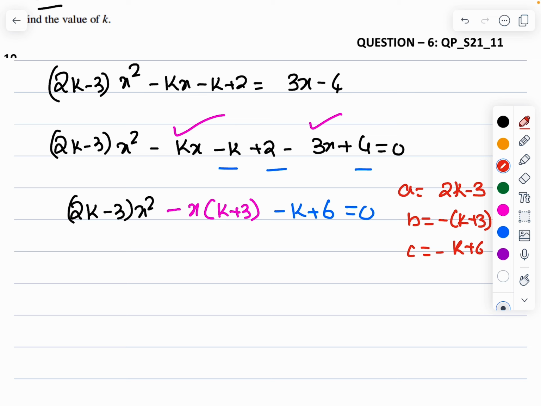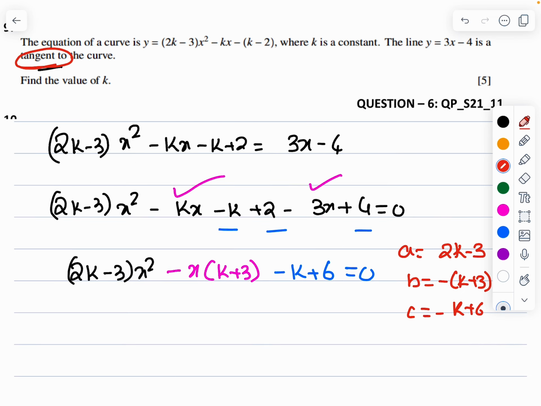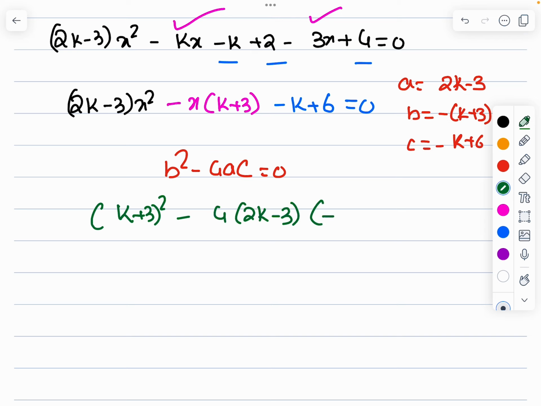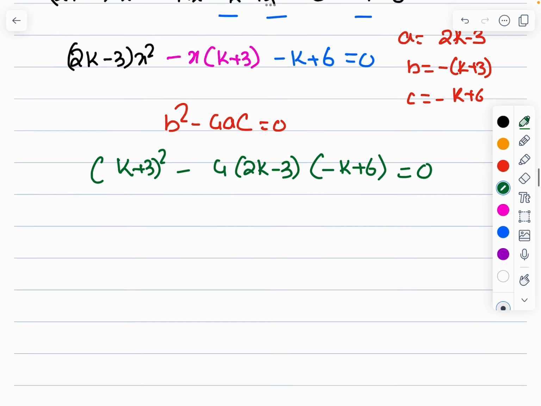It is telling us that it is a tangent. Tangent means b² − 4ac = 0. So minus of (k + 3) whole squared is plus only. So (k + 3)² − 4ac = 0.